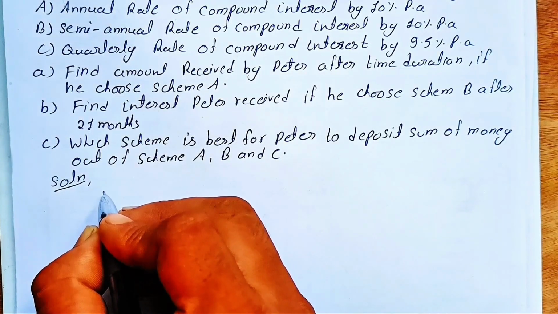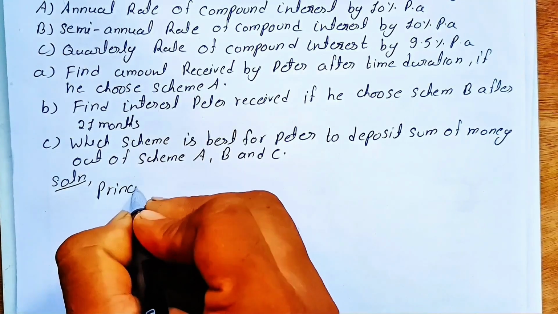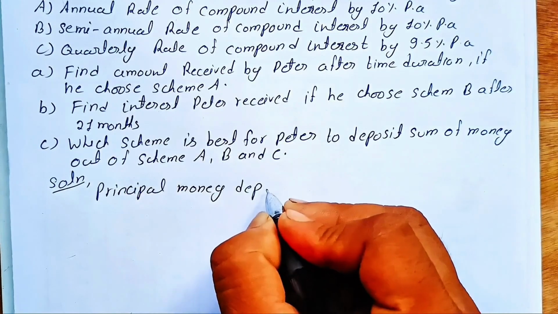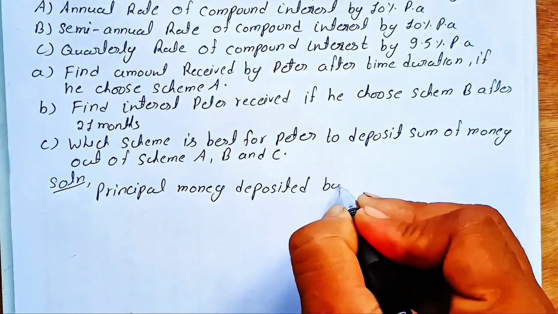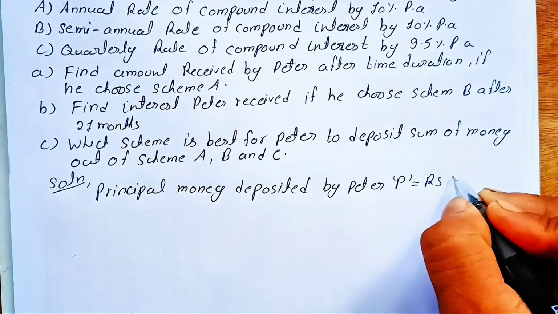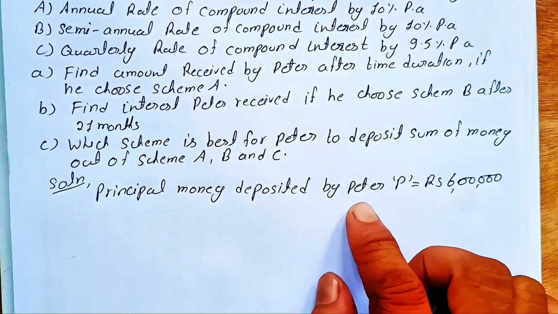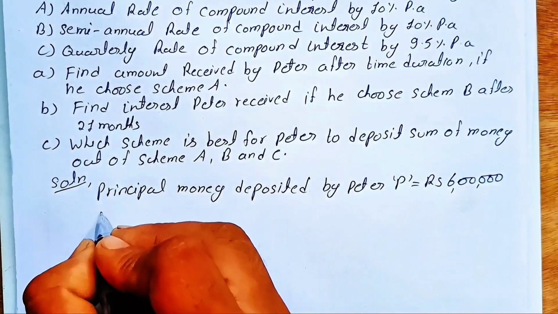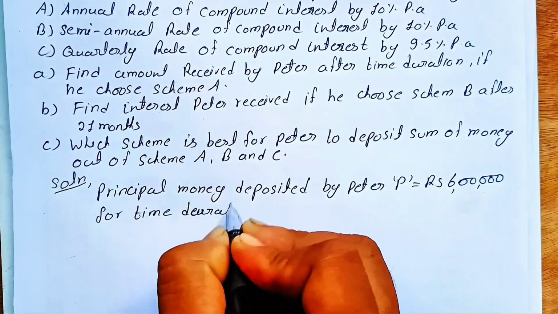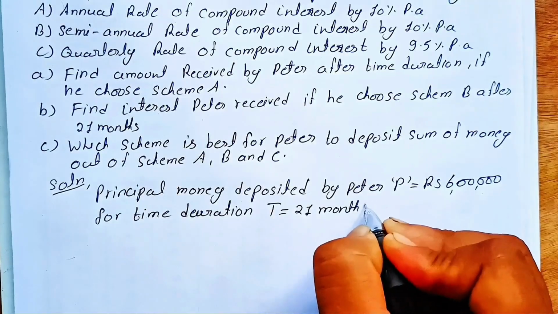Here it is given that Peter decides to deposit a sum of money in a bank, that is the principal sum of money deposited by Peter, 6 lakh, for a time duration T equal to 21 months.